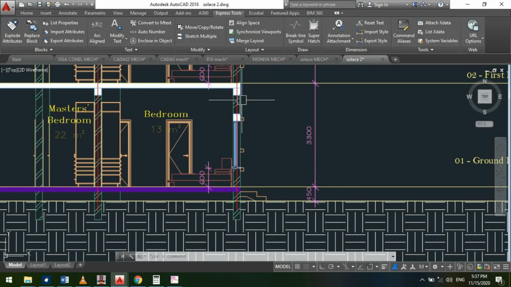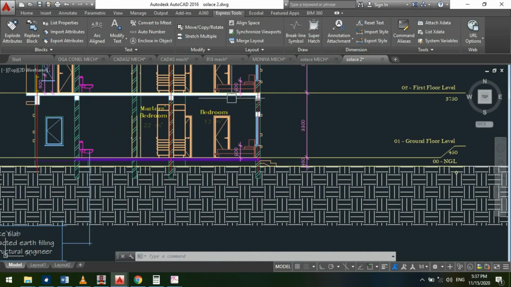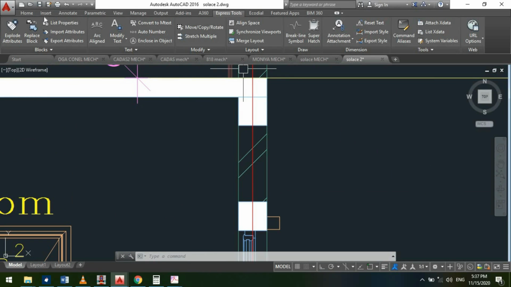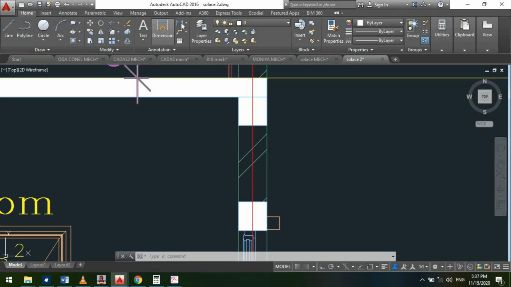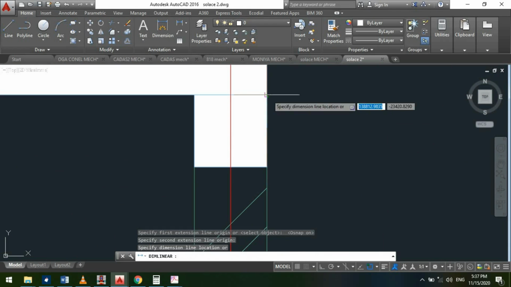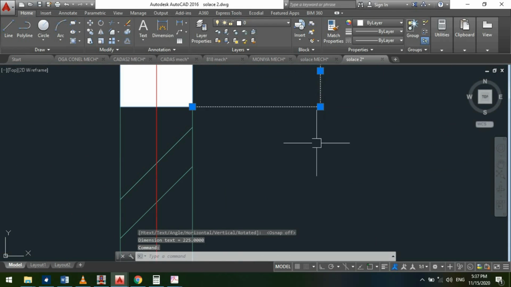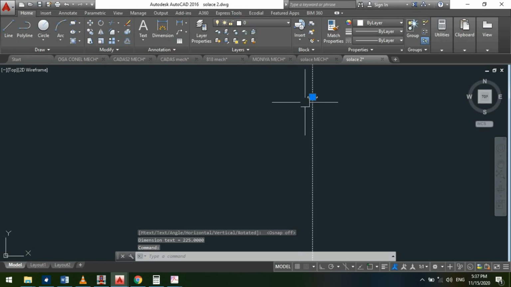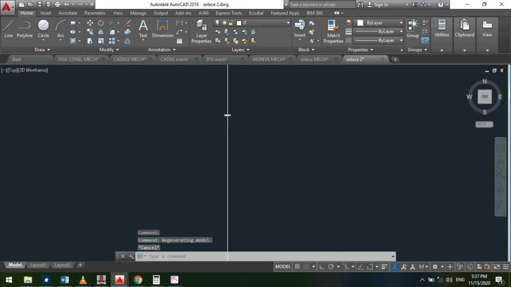So if probably, and the elevation will definitely stop here. Let's determine this. So let's assume 3 meters.